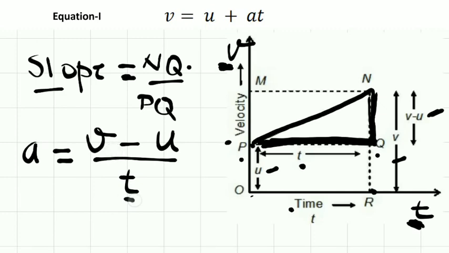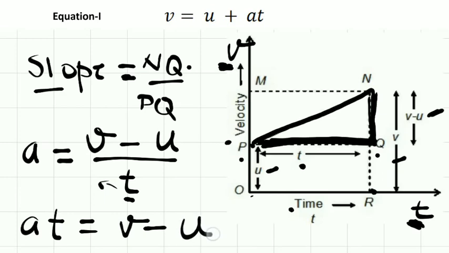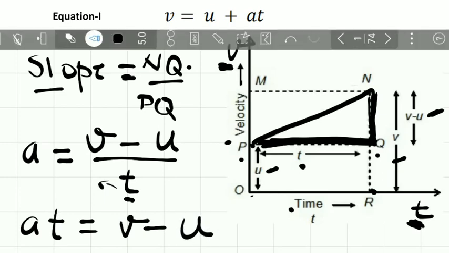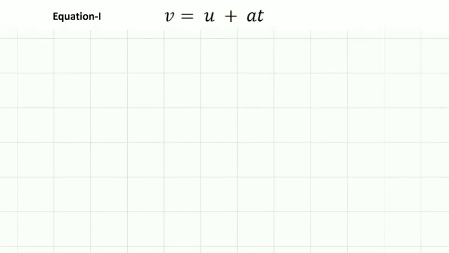This t multiplied with a, we get at is equal to v minus u.